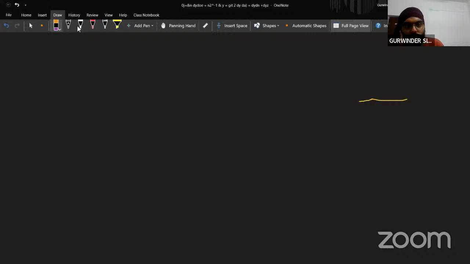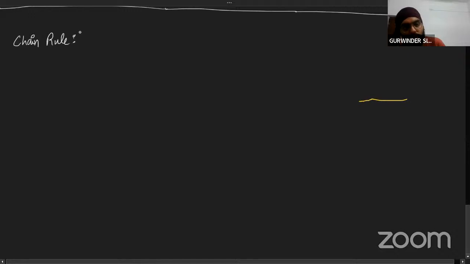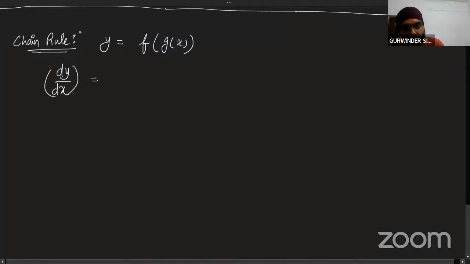There is a rule by the name of chain rule. What chain rule says is, if y is written as f of g of x, then dy by dx is equal to d of f of g of x, divided by d of x.